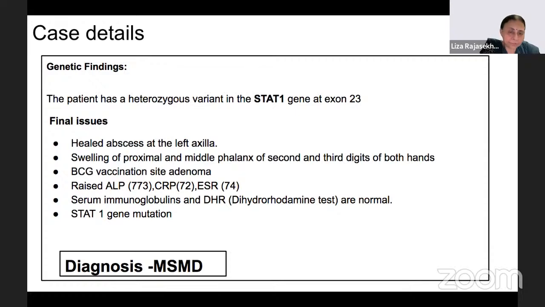Then at the moment, without confirming this in parents or without showing flow cytometric evidence of impaired pathway, the interferon gamma IL-12 pathway, we will say that this child probably has MSMD.